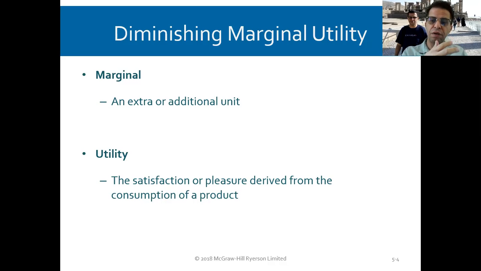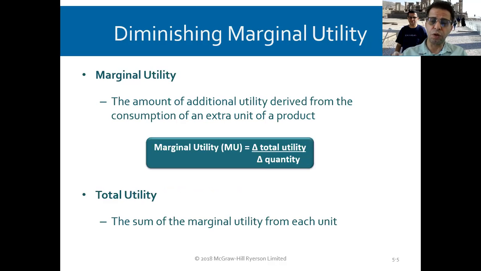So if you have 5 units, then suddenly you get 6 units, that 1 unit is the marginal. Utility is the satisfaction or pleasure derived from consumption of a product. We spoke about the hamburger. The marginal utility is the amount of additional utility derived from consumption of an extra unit of a product.